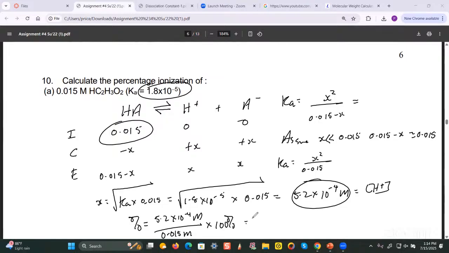And according to my calculations, when I did that, 5.2 times 10 to the minus 4 divided by 0.015 times 100%, that is equal to 3.5%, which is less than 5%. So the approximation is okay. So that's the answer to this question, right? The percent ionization is 3.5%.